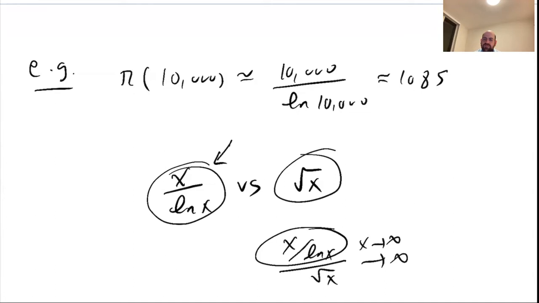Asymptotic behavior means as x goes to infinity, what happens? The asymptotic behavior of pi of x is that it's similar to x over ln x, which means the number of primes less than or equal to x is relatively large. It's almost x just divided by some small number, which is ln x.